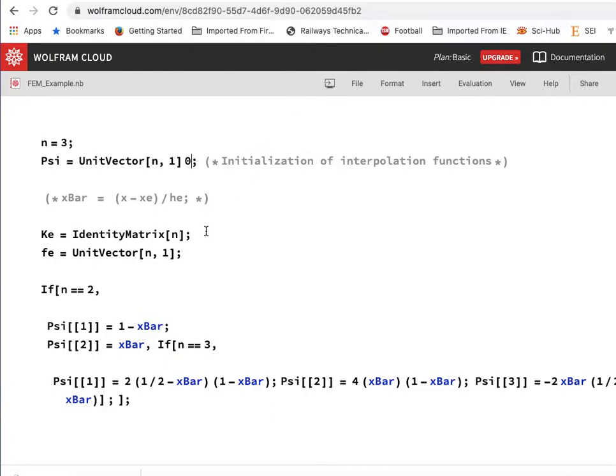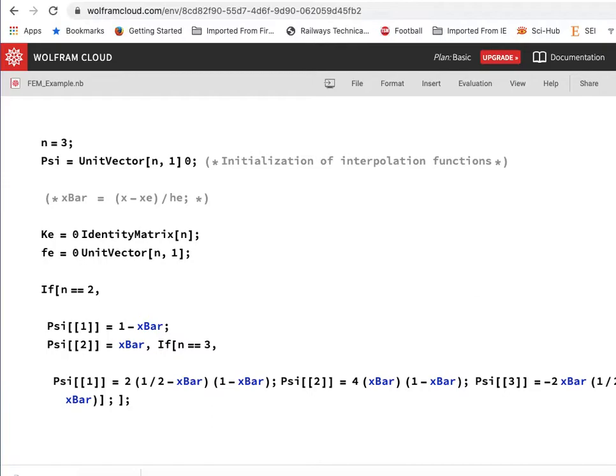Then I will initialize my element stiffness matrix. What will be the size of the element stiffness matrix in this problem? KEIJ, what will be the range of I, range of J? 3 cross 3.